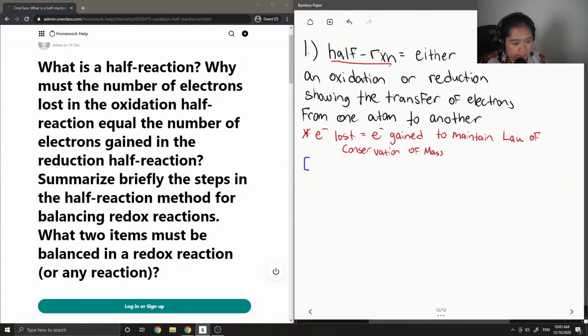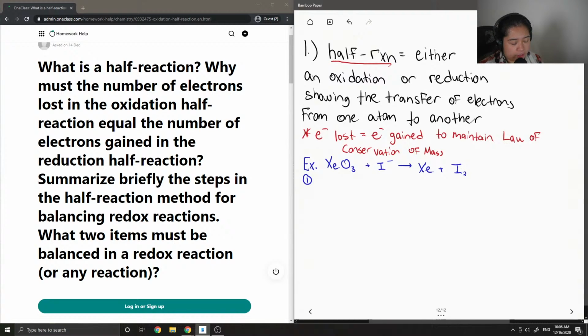Let's say we had an example of an unbalanced reaction: xenon trioxide plus iodide makes xenon plus I2. So this is what a typical unbalanced redox reaction might look like.